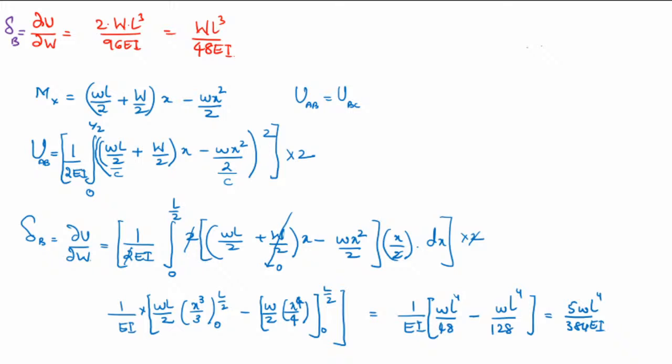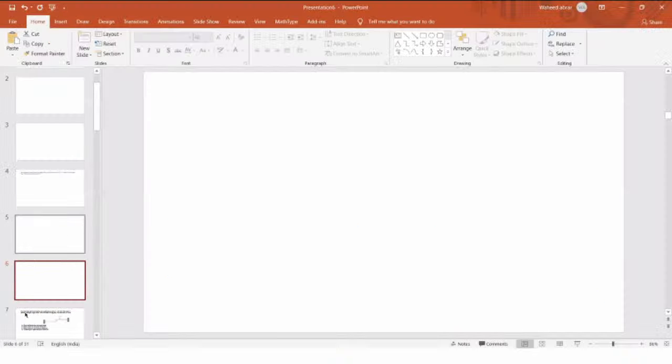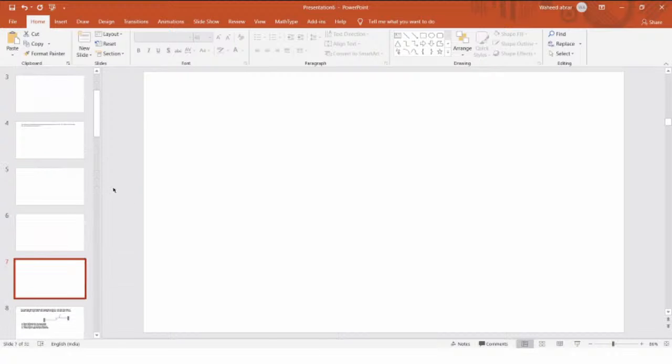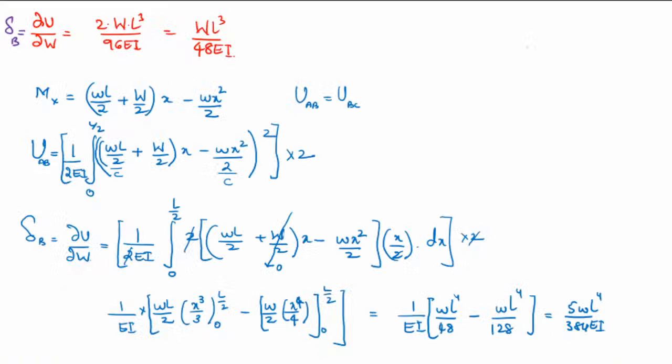Now, what if the cantilever beam is carrying a uniformly varying load? So let us do that.